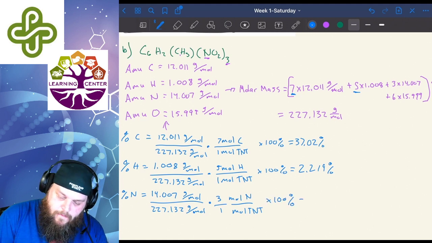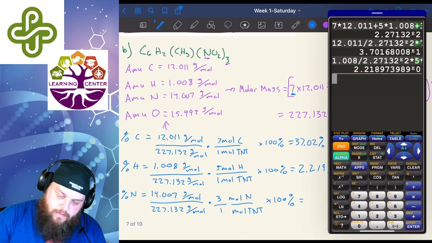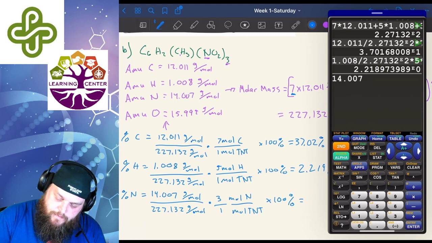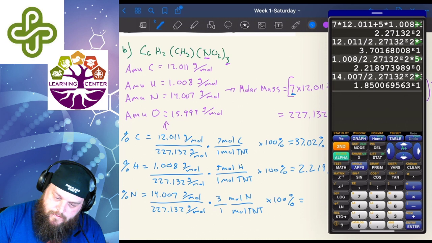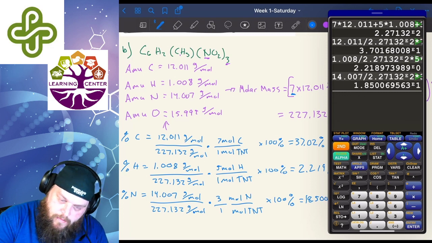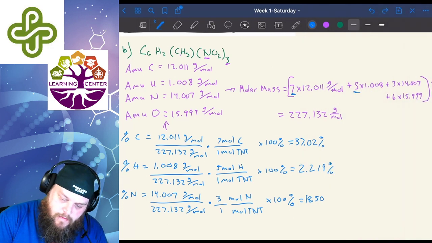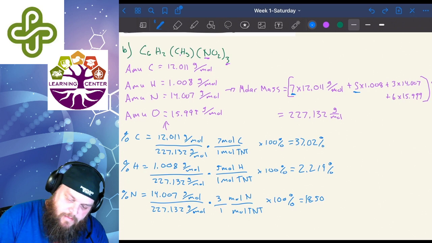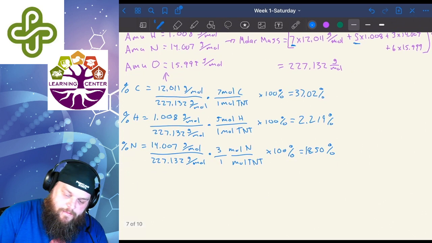Dividing by this number, times 3, times 100, gives 18.501. That's our percent there.